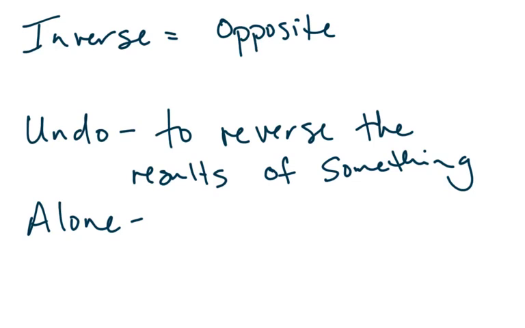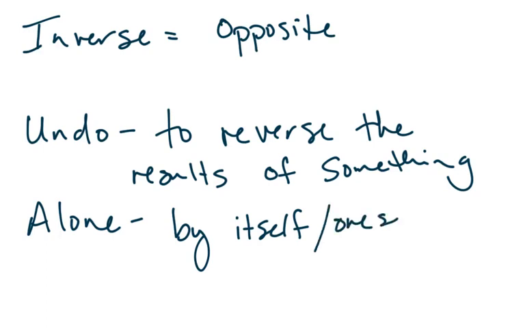So, alone, I think you guys know this, is by itself or oneself. Okay, so inverse is opposite. Undo is to reverse the results of something.